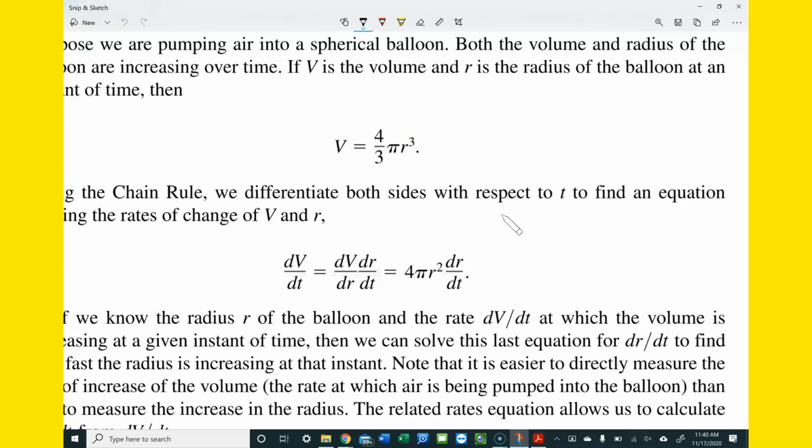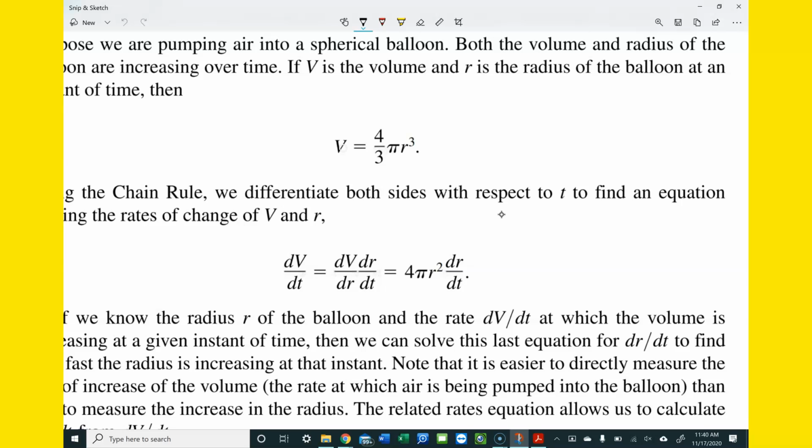If you were to take the derivative of both sides, we're talking about a rate of change. So we're taking the derivative of V with respect to what variable? If we're talking about a rate at which it changes, we're talking about how that thing changes over time. So we're taking the derivative of both sides, not with respect to V and not with respect to r, but with respect to a third variable, time.